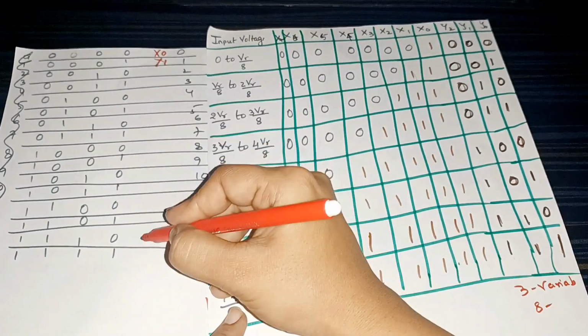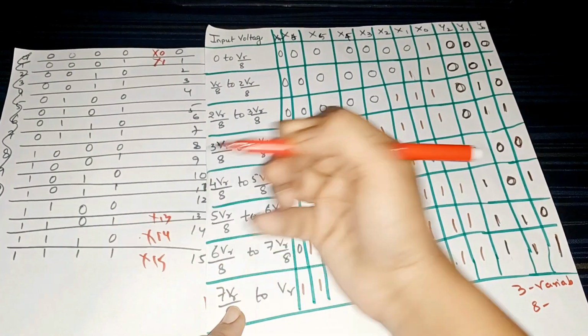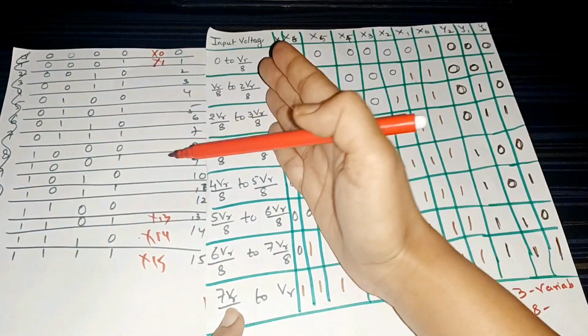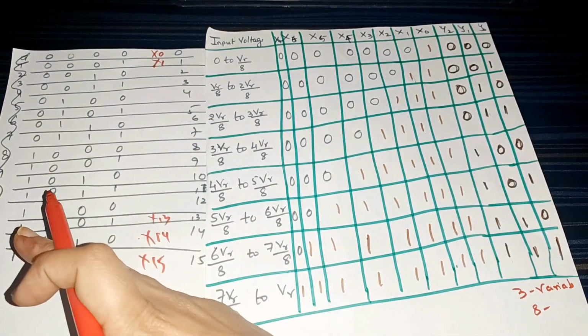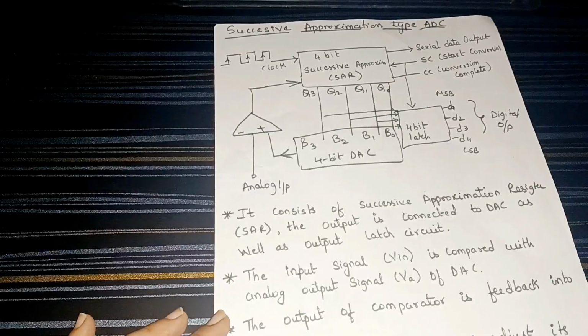Similarly, till x15, then x14, x13, like this. Instead of stopping at x7 here, we add more inputs till x15. This is a simple logic.